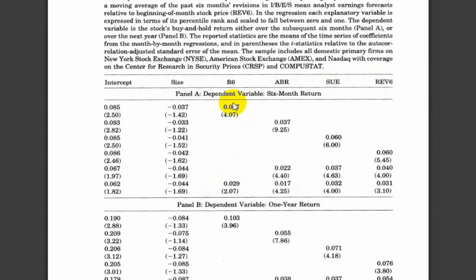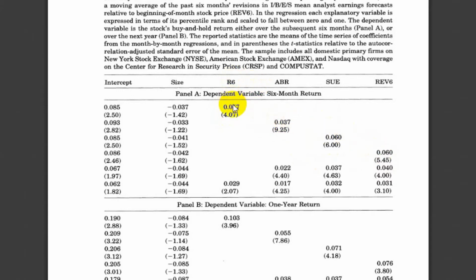And here we have the coefficients for each of the earnings momentum variables standing alone, and you can see that the return is significantly explained by each of these earnings momentum pieces when standalone. The t-statistics are very high for each of them, and they have positive coefficients.